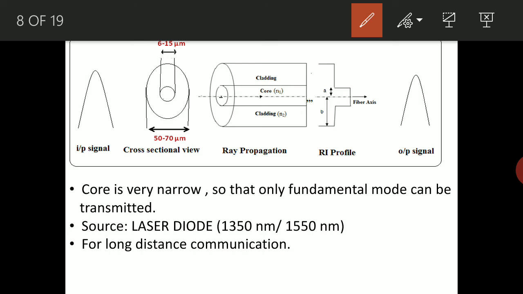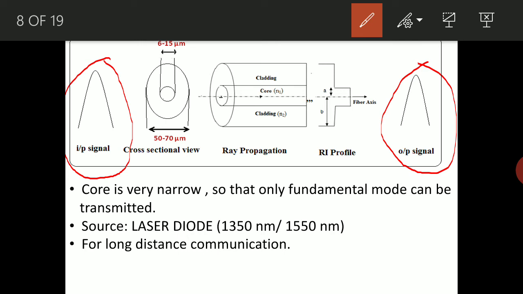An important thing to know is that when a signal with some amplitude is transmitted through a single mode step index fiber, at the output we get a slightly diminished amplitude compared to the input.